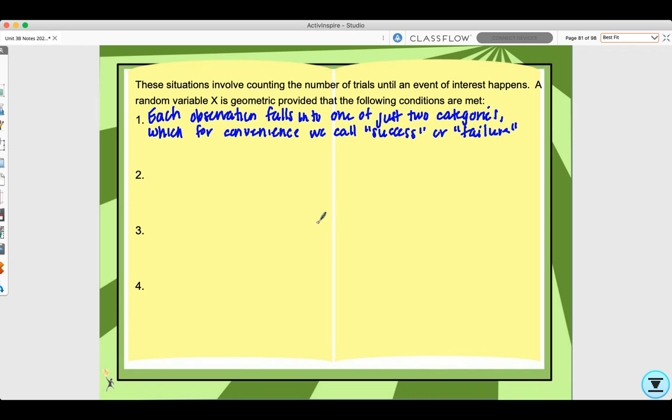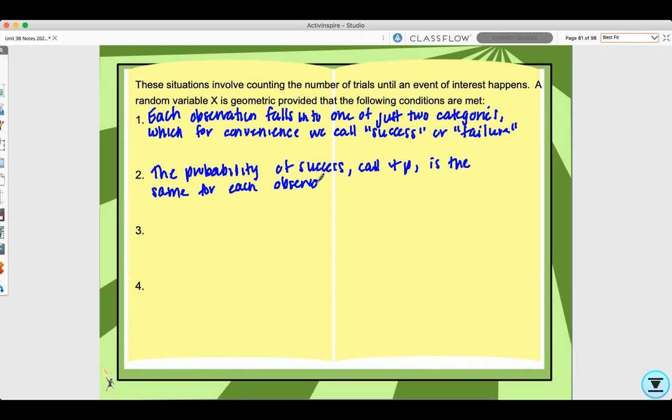Two, the probability of success, call it P, is the same for each observation. Three, the observations are all independent.